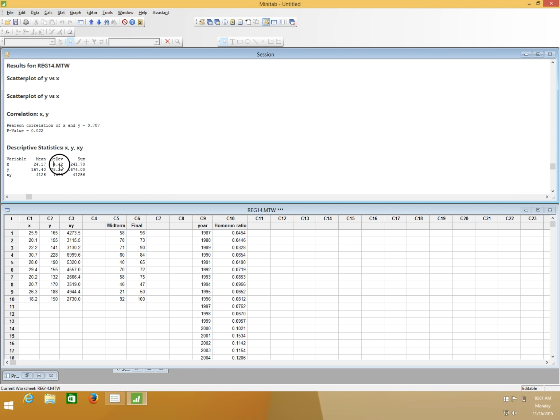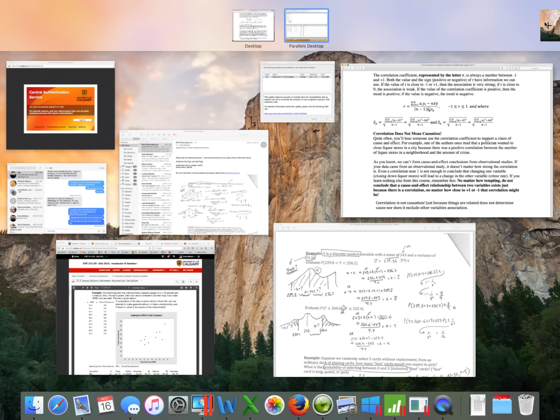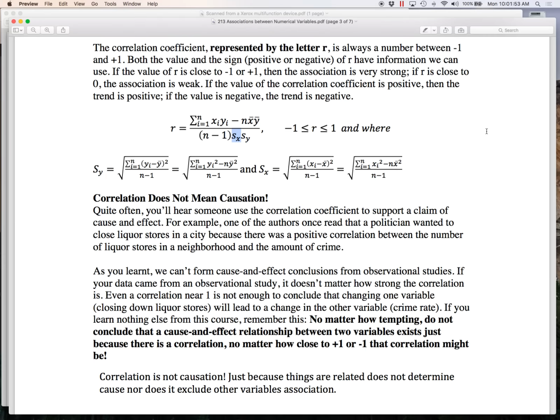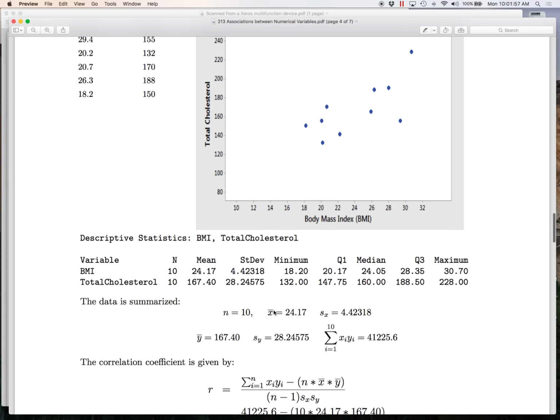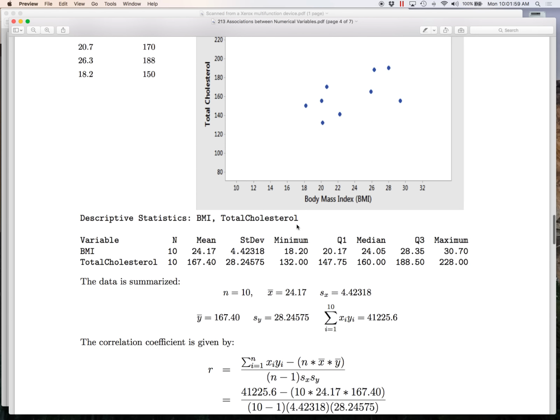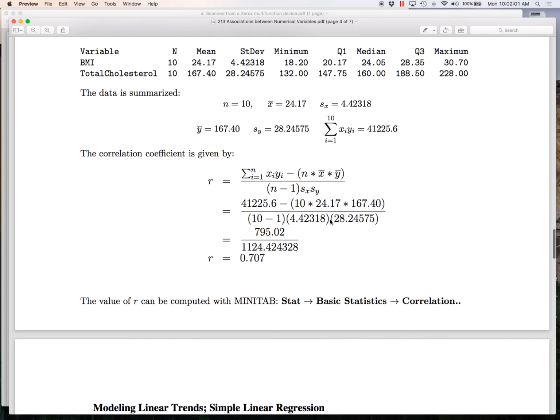Here's the standard deviation of x, and also multiply by the standard deviation of y. So you could calculate with some summarized statistics what r is, but we also had Minitab just do that for us. Okay, so here are some of the data that you can check out.